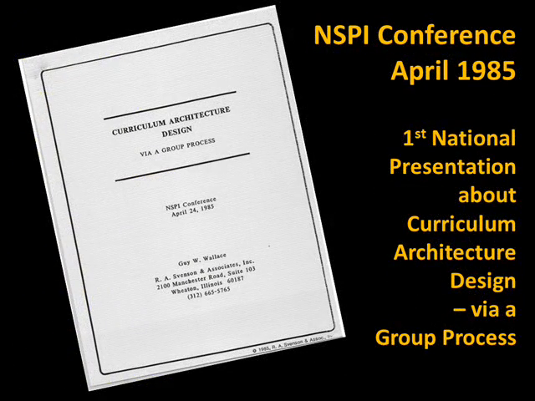In April of 1985 at the NSPI conference, I presented the first national presentation about curriculum architecture design via a group process. The fall previous to this, I had presented this same presentation at the Chicago chapter of NSPI at their fall conference.